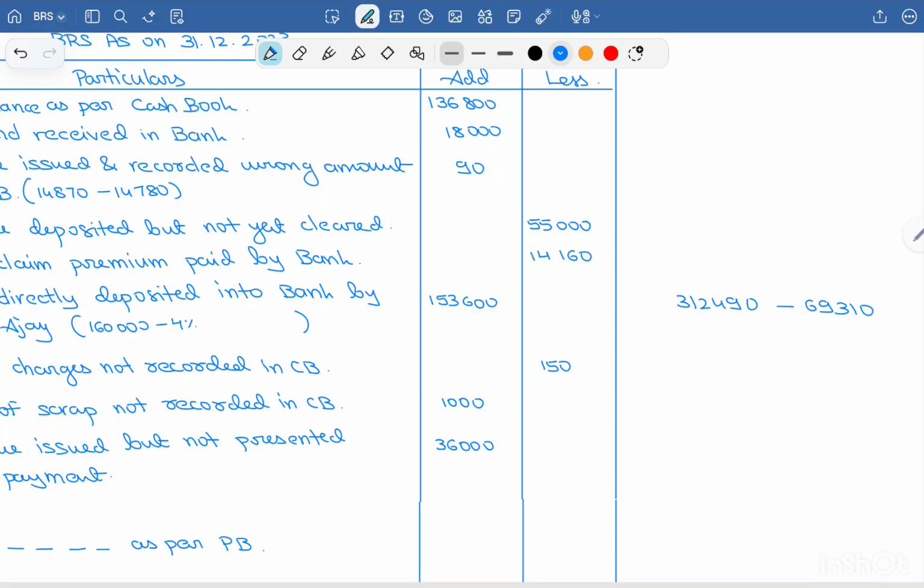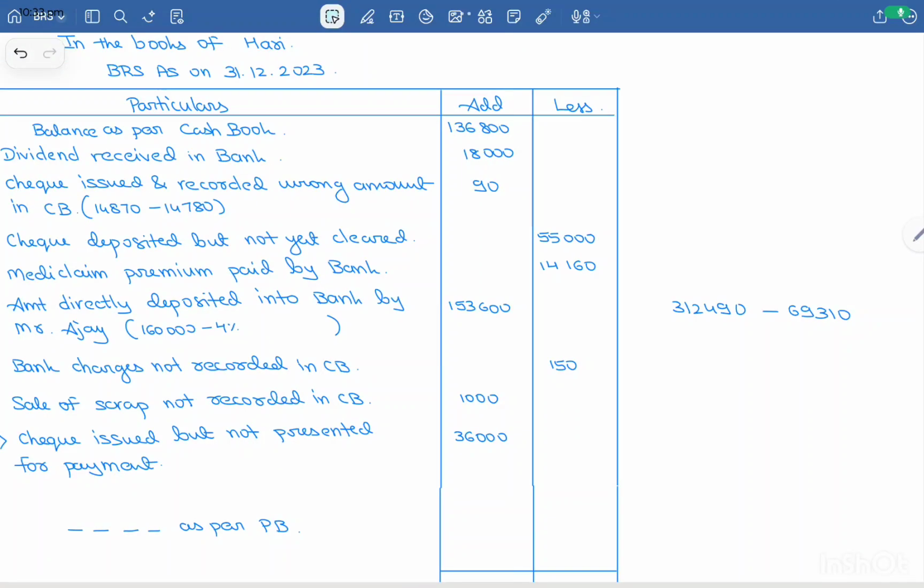So 312,490 minus 69,310. Sorry, the total is wrong here. There is a totaling error. The add column total is 3,45,490 minus 69,310. So it comes to 276,180.